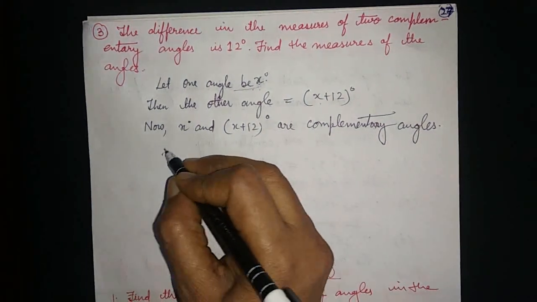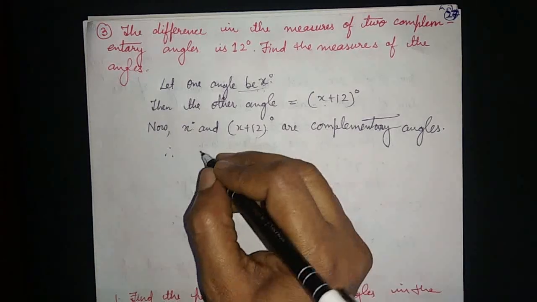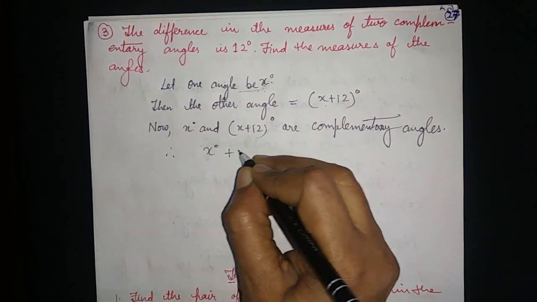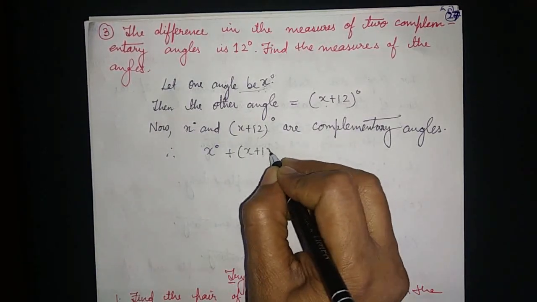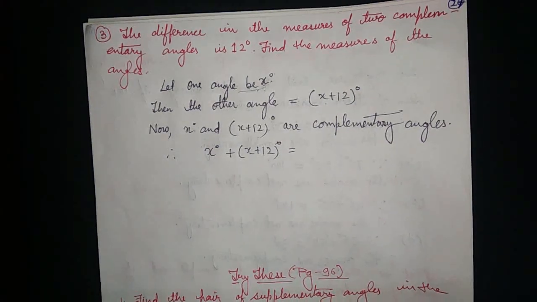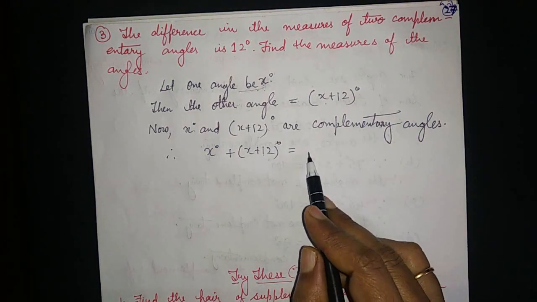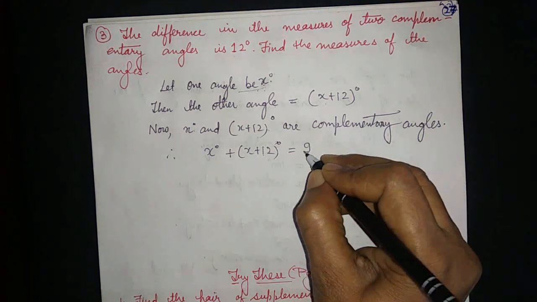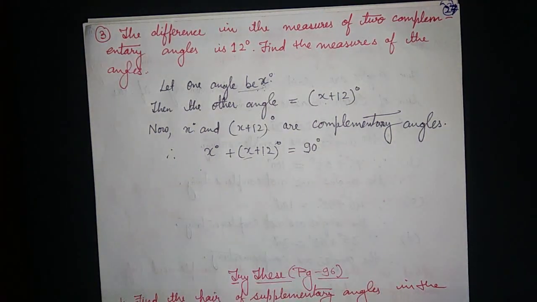Therefore, the sum of x degree and x plus 12 degree will be equal to 90 degree, because they are complementary.